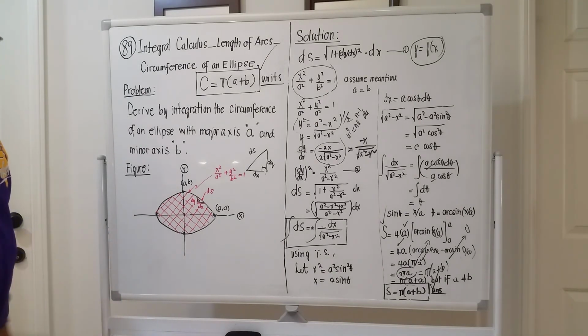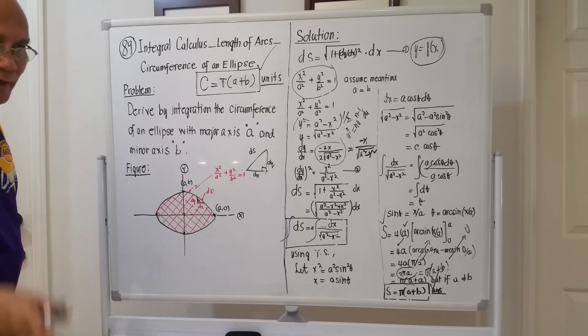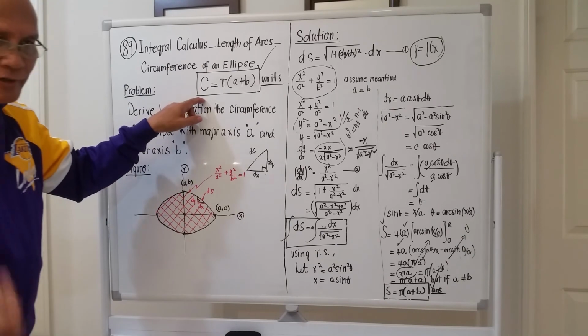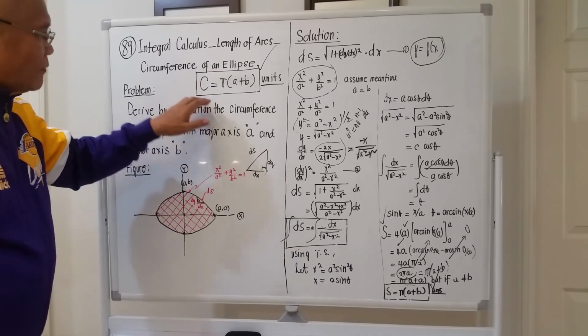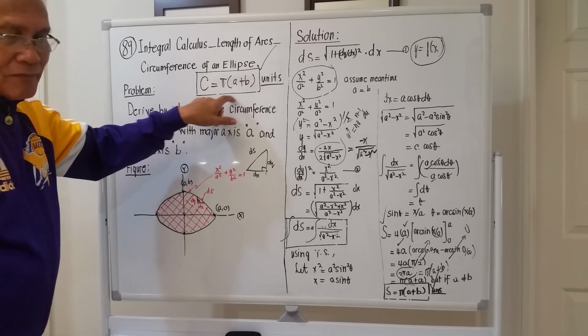Okay, guys? That's the formula for taking the circumference of an ellipse. We are gone in this world, but this formula will not change. So circumference will be pi times the quantity, the sum of a plus b units.